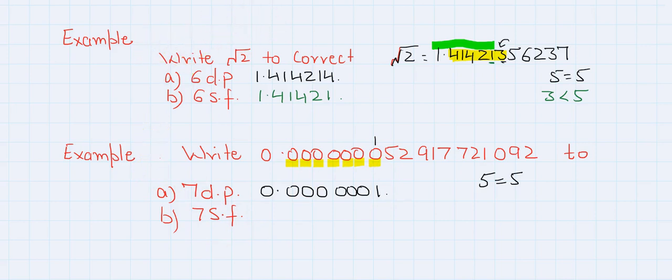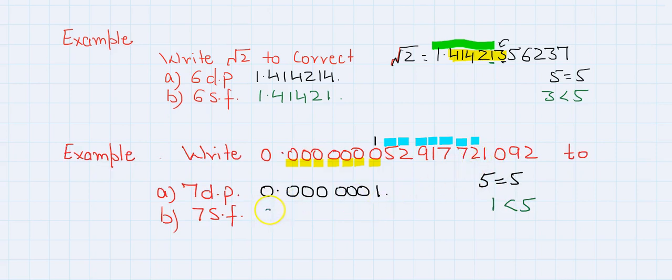Now 7 significant figures. We know that significant figures start with a non-zero, so it will start here: 1, 2, 3, 4, 5, 6, 7. The 7th number is 2 and after 2 it is 1. 1 is less than 5, so this number is not going to change.